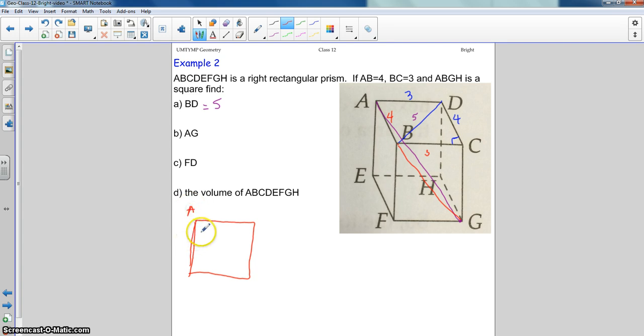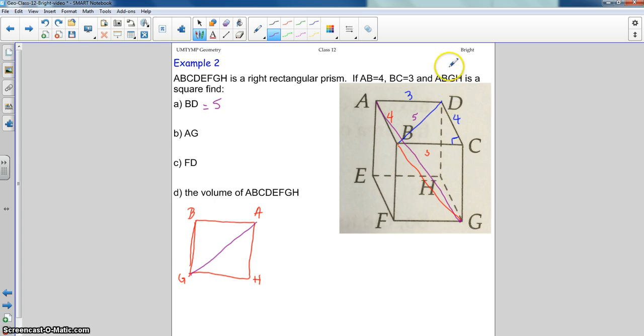So A, let's try that again. It would be B and then A. So this would be B. This is A. And then G would be down here, and H would be here. And what I'm looking for is AG. Okay, because that would all lie on the same plane.